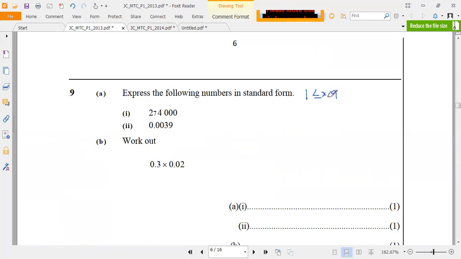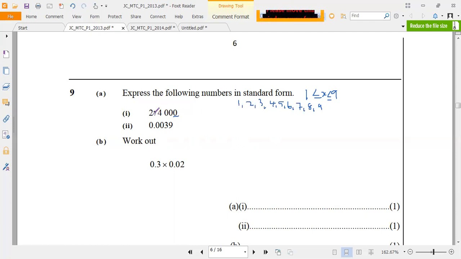If I call it x, the number can be 1, 2, 3, 4, 5, 6, 7, 8, and 9.